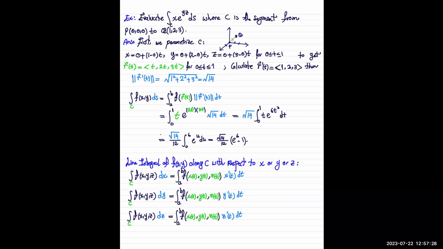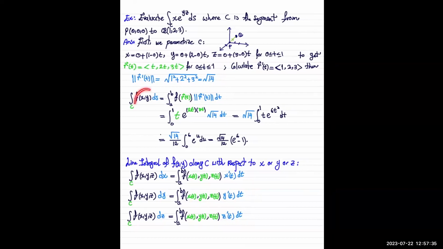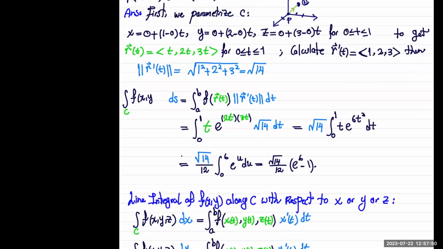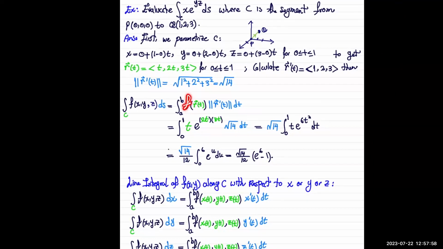All right, so the line integral of f of x, y, this is really f of x, y, z. Let me just quickly make that correction here. F of x, y, z for this function. It's a function with an extra variable, but again, the idea is the same. ds is when you take the function f.